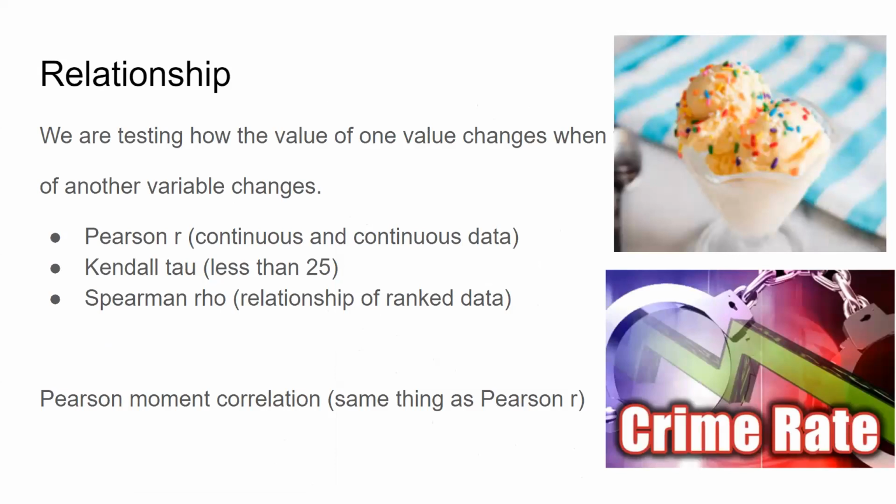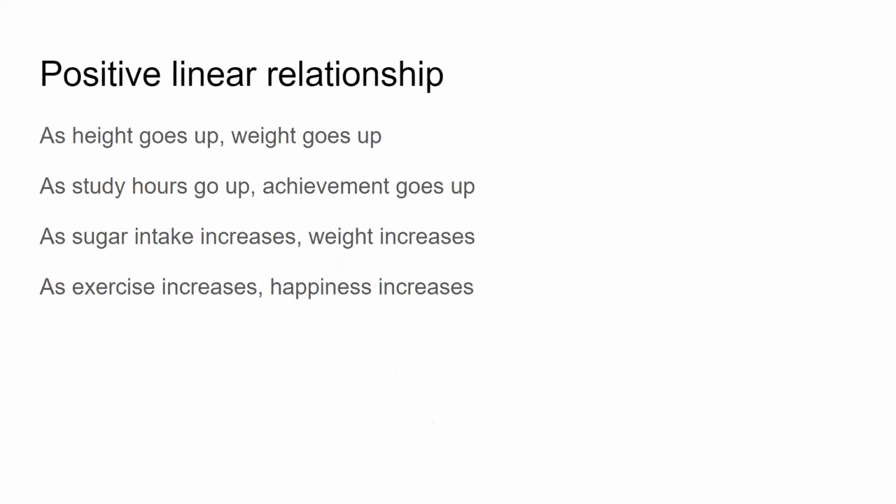So as height goes up, weight goes up. If the R value was .70, that is a pretty strong relationship. That yes, indeed, as height goes up, weight goes up.